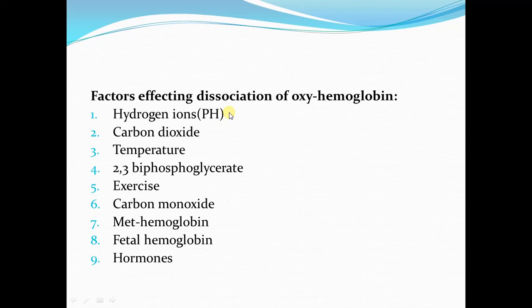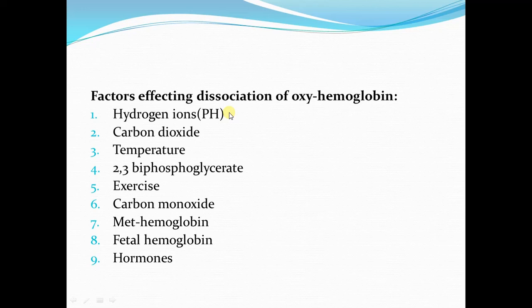That is, at any partial pressure of oxygen, leftward shift means less oxygen will be dissociated from hemoglobin. Or we can say that the binding affinity of oxygen with the hemoglobin is increased.